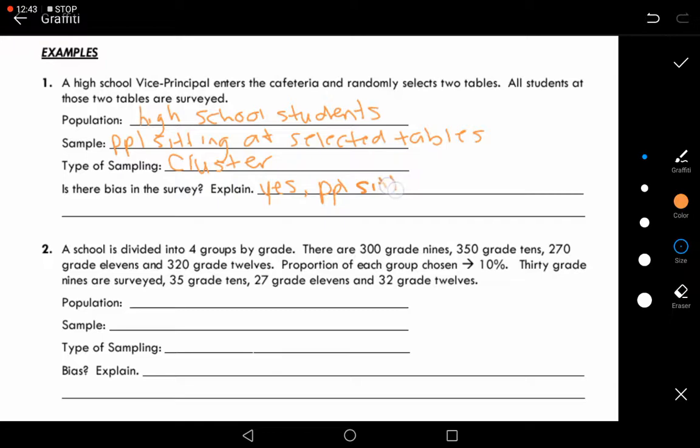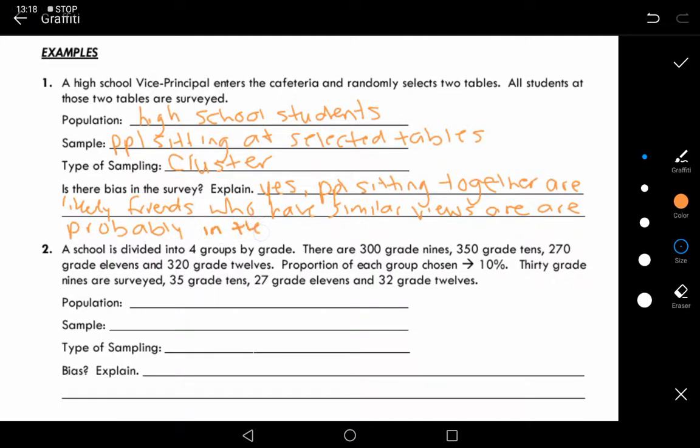People sitting together are likely friends who have similar views, and are probably in the same grade, if not the same class, right?